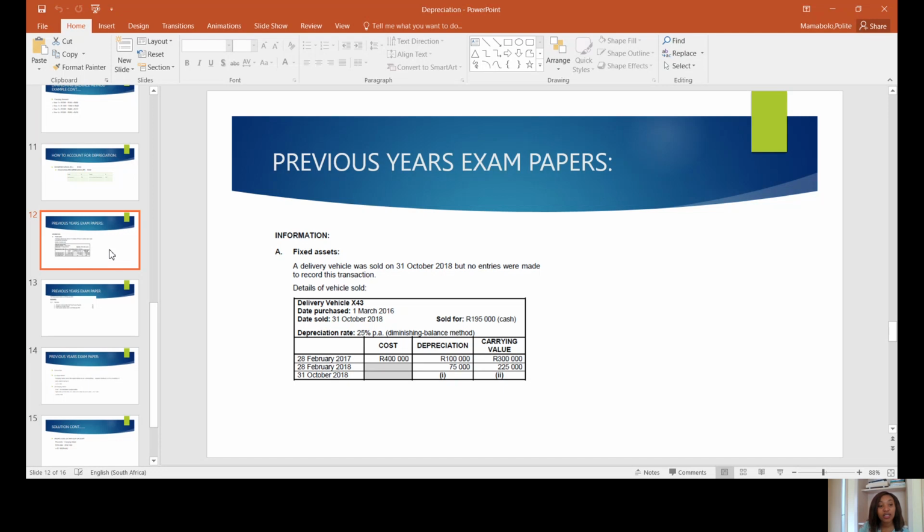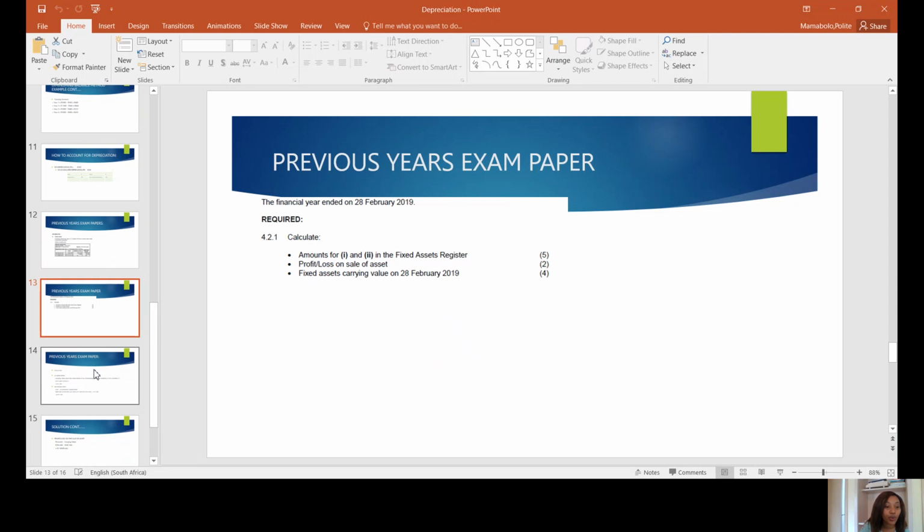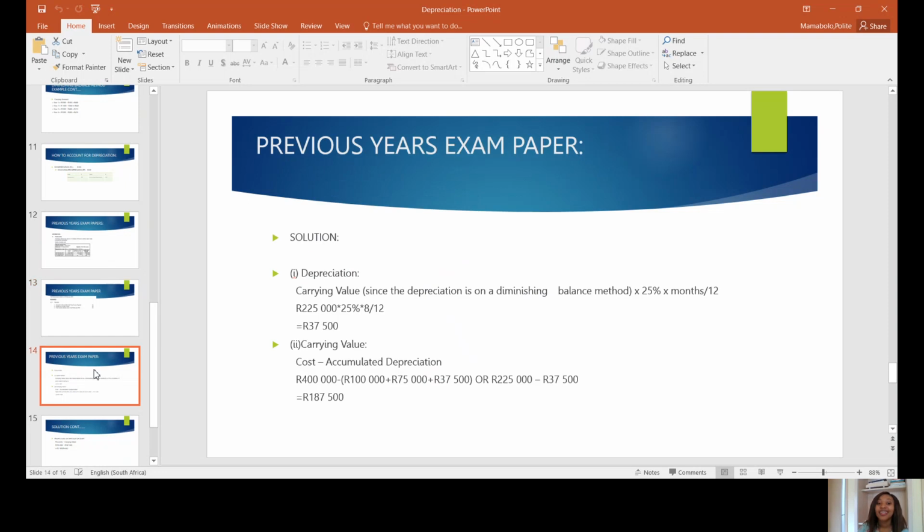Since we're using the diminishing balance method, the depreciation will be 225,000, which is our carrying value on 28 February 2018, multiplied by 25%, multiplied by 8/12.